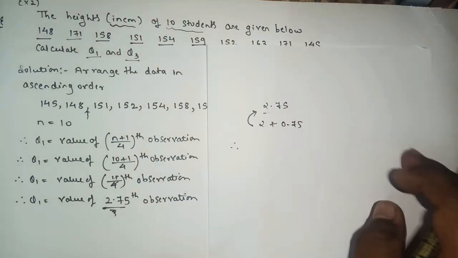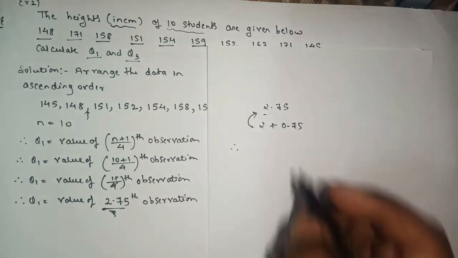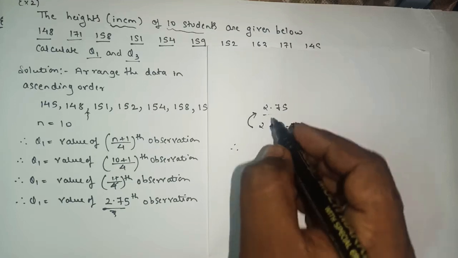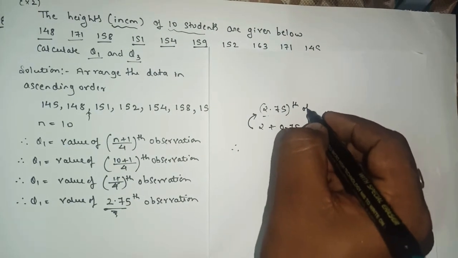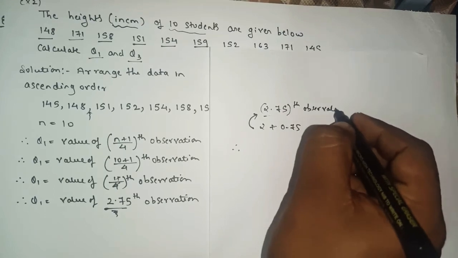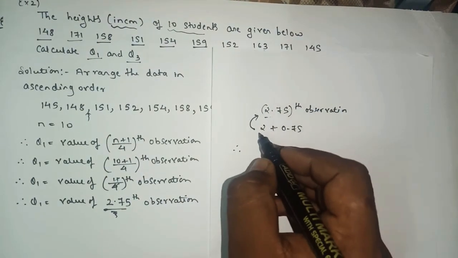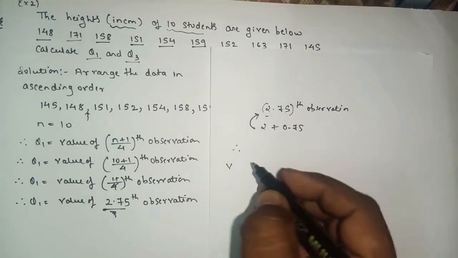The formula is not fixed actually, it will change according to this value. So here we'll see how to frame the formula. Here this is the 2.75th observation, and I write it as 2 plus 0.75.